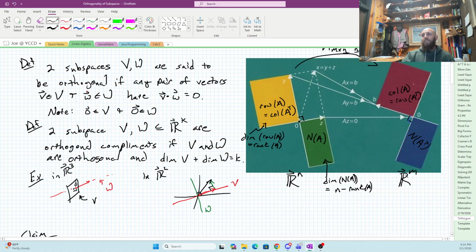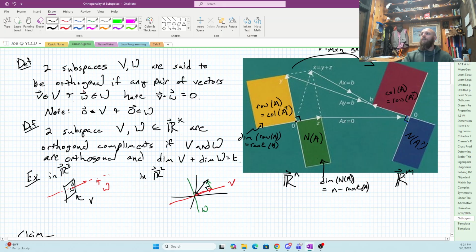So on this right-hand side now, I have some little tidbits that I can add. I know that the dimension of the column space of A is also equal to the rank of A. That's why the yellow box over here and the red box over here are the same size.